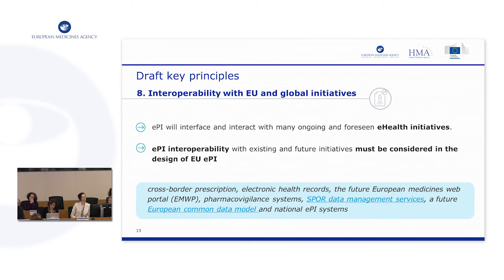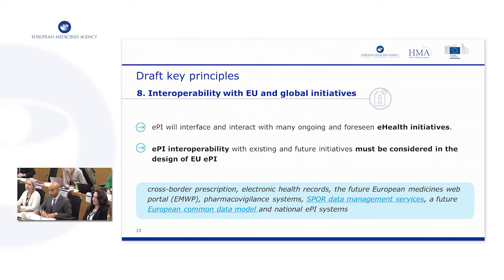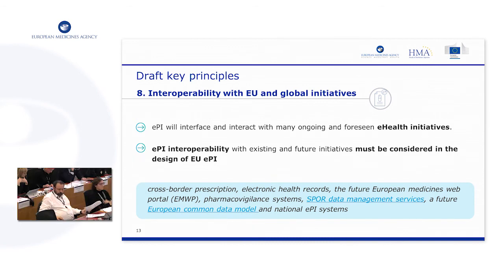So the next one is about interoperability with EU and global initiatives. We have discussed it, and we all agree that EPI will interface and needs to interact with many ongoing and unforeseen e-health initiatives, such as we have mentioned today: e-prescription, e-health, electronic records, etc. It's also important that interoperability with existing and future initiatives is considered from the beginning of the design.